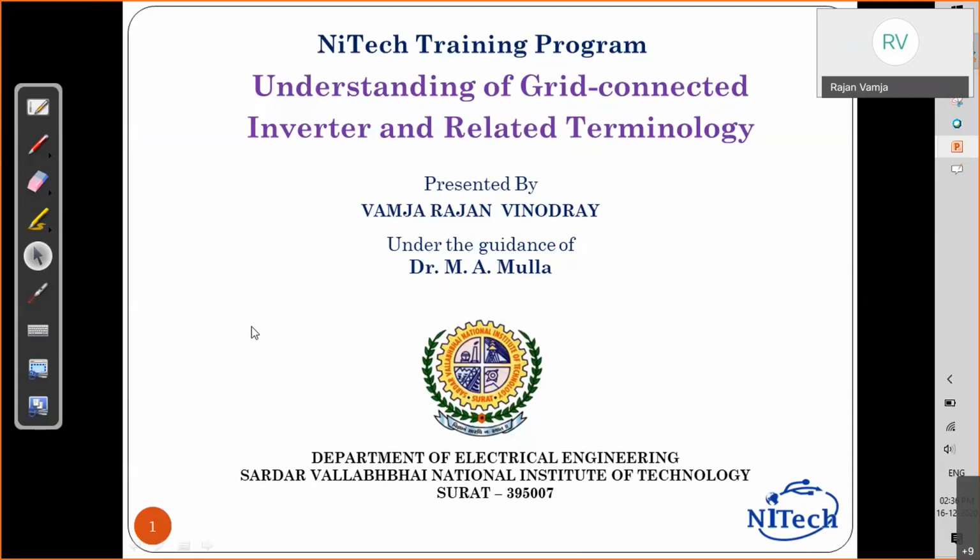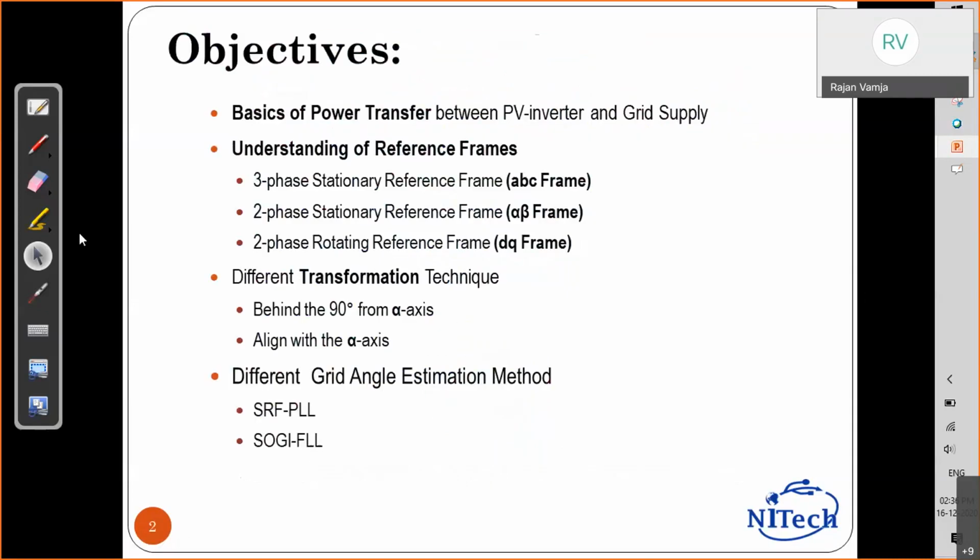There are many control techniques, but the major common part is grid angle estimation. So in this session, we are going to see two techniques, highlighted here. One is SRF PLL and the second is SOGI FLL. These two are very fundamental.